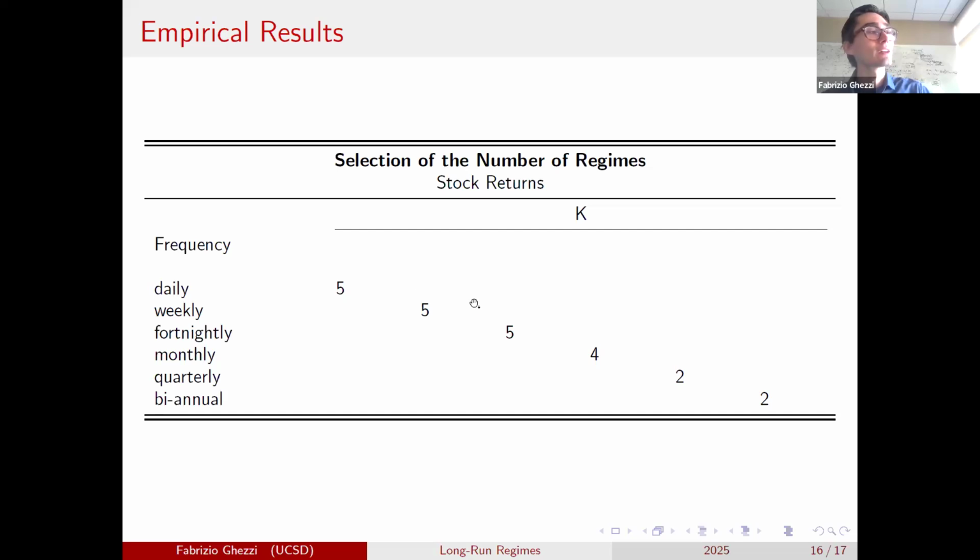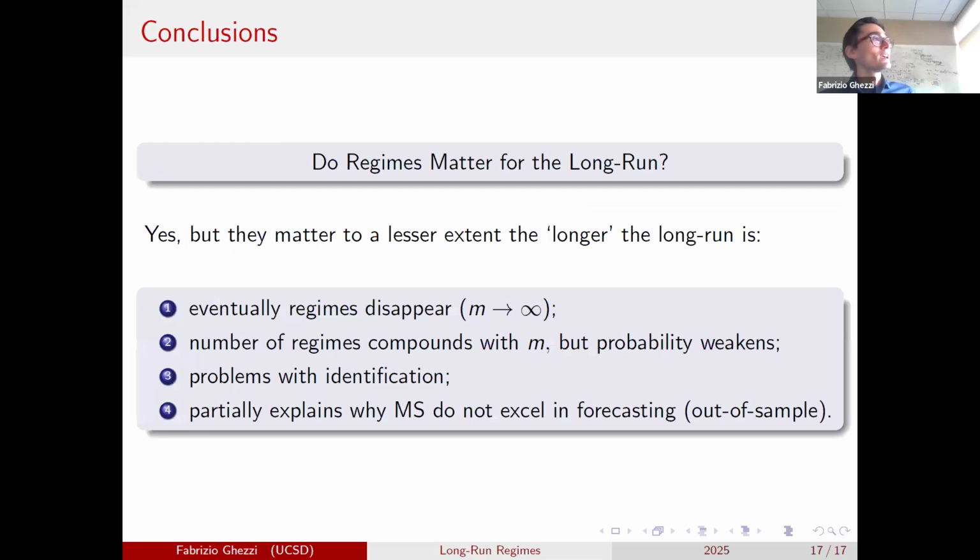But as I was saying in the discussion of the implications, these regimes get weaker as you aggregate. So the problem there is really identification, because you have two things: weaker regimes and fewer data points. And so then you are really in high waters.